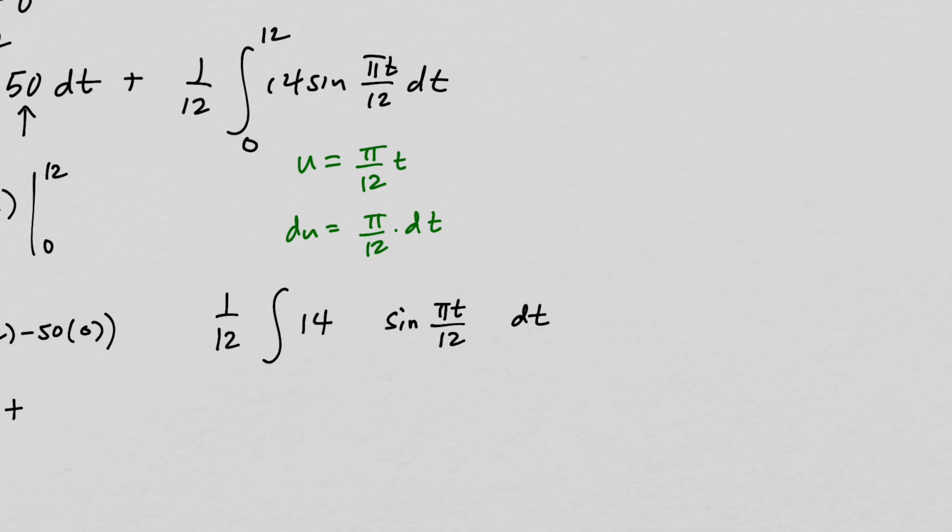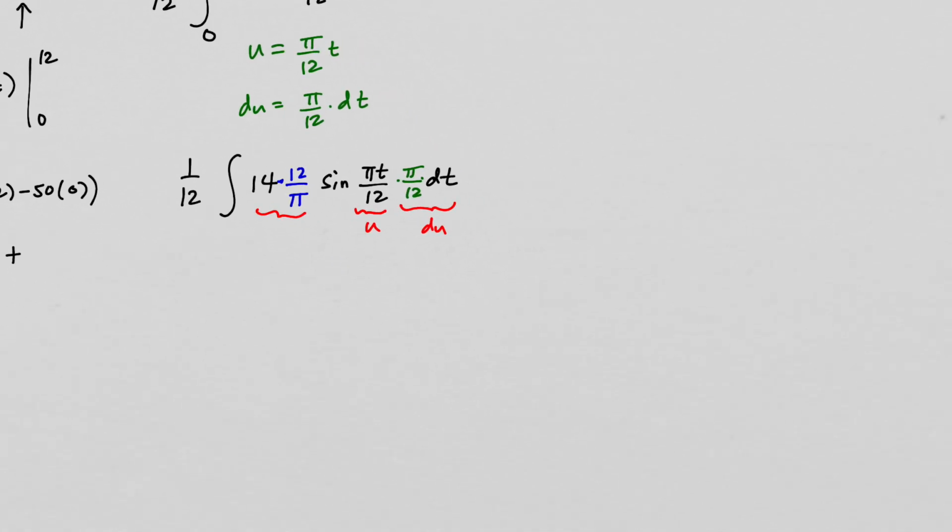So I'm going to put that in here, pi over 12 multiplied by dt. And then to cancel that, I'm going to put 12 over pi over here. Okay, so if we were to multiply this and this together, those would cancel out. But the reason I'm doing this, of course, is now we can see that this is du, this is u, and this is a constant.